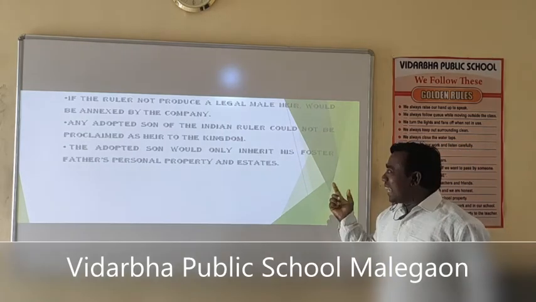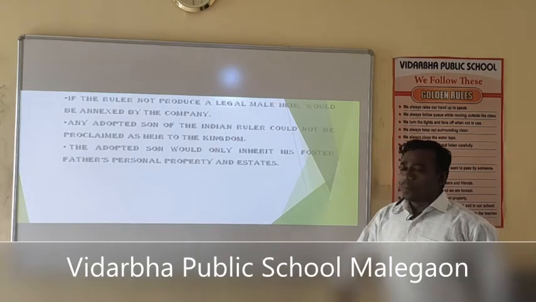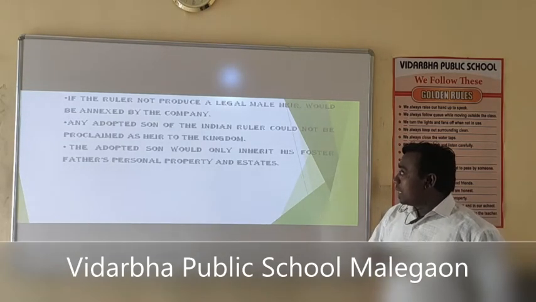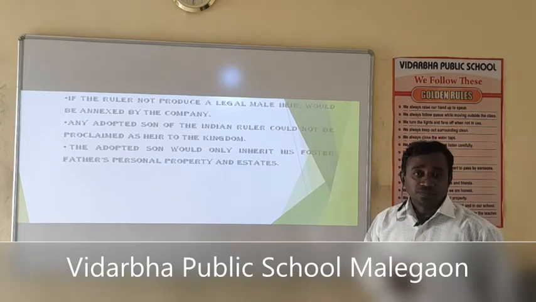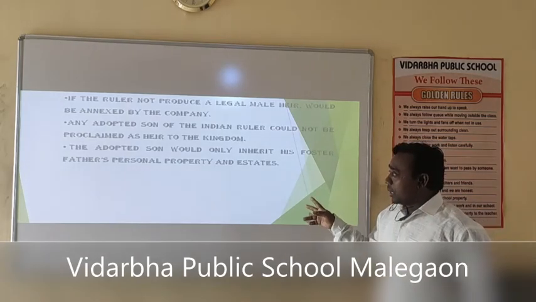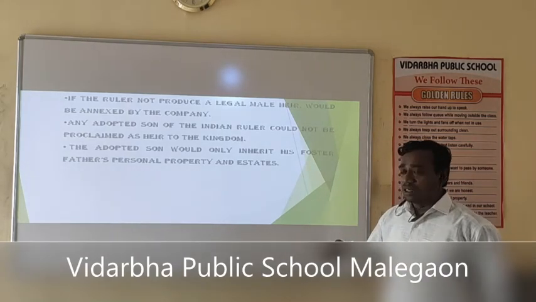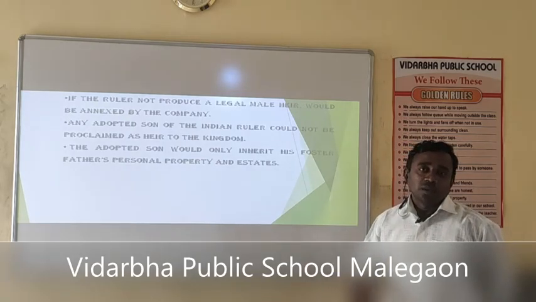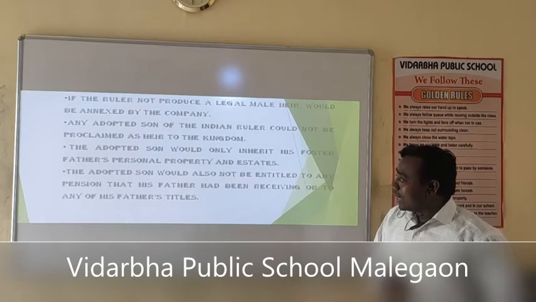An adopted son can inherit the personal properties of the father, but he cannot take over the estate. So the personal properties and personal estate of the father will be inherited by the adopted son, but he will not be regarded as the king.